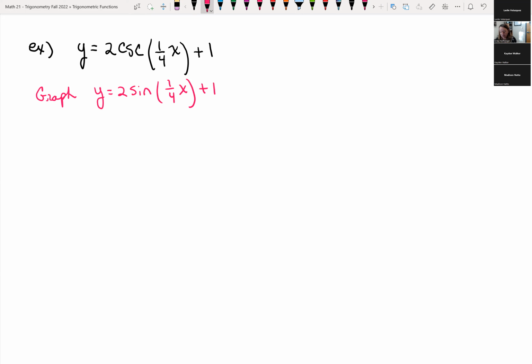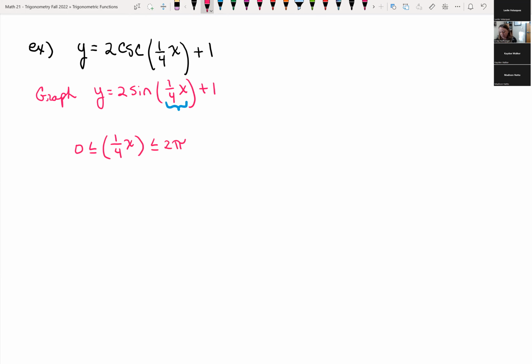So let's look at our period. Our period is being affected here because of this 1/4 of an x. So let's sandwich the argument 1/4 x in between a normal period cycle, 0 to 2 pi.